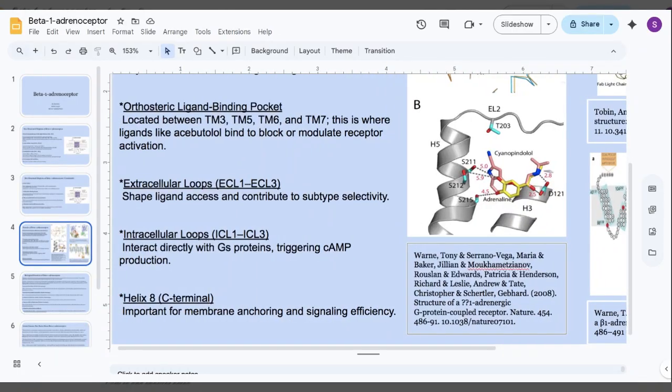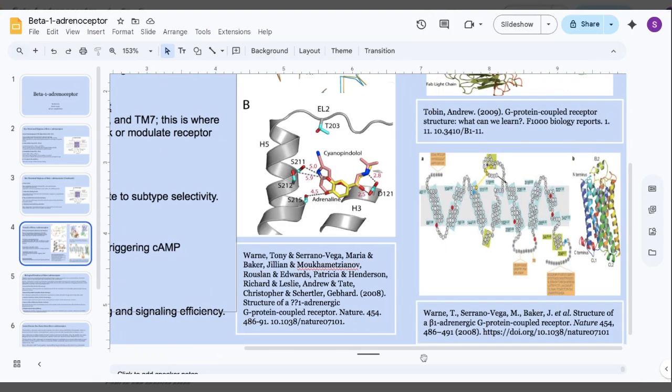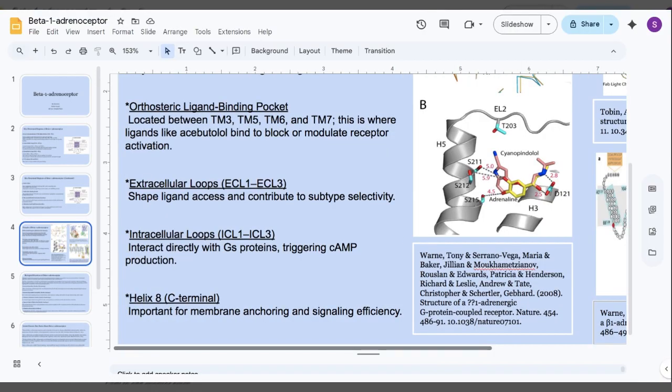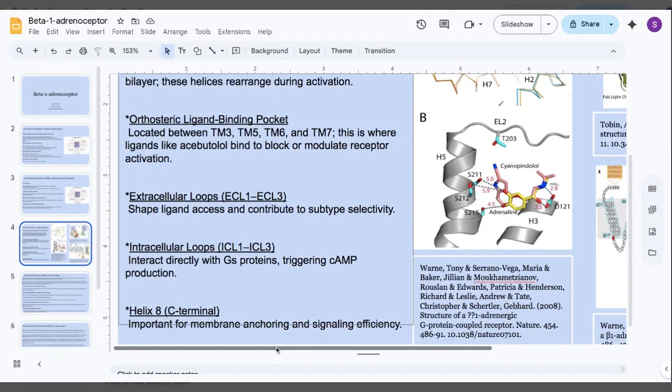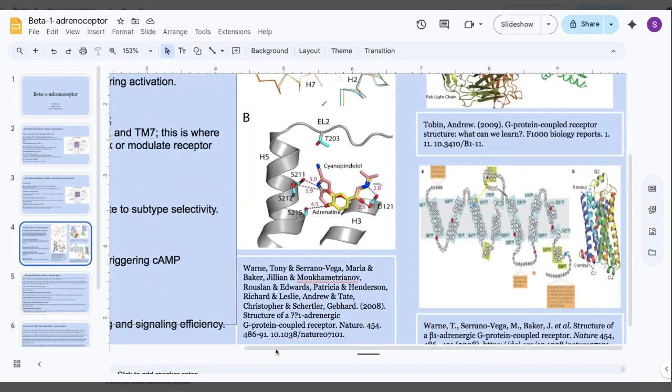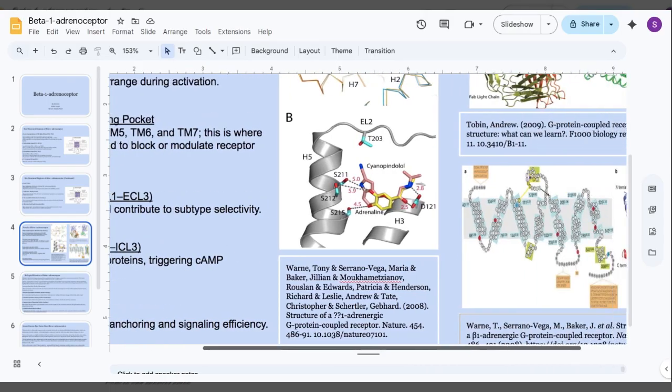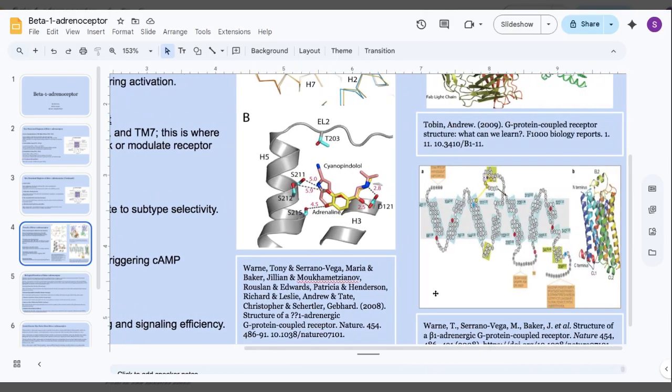We have the intracellular loop, which we can see near here, near that right side helix. They interact directly with the G proteins, triggering that cyclic AMP production. So the helix 8, the C-terminal, we can view here. It's important for the anchoring of the membrane and efficiency when dealing with signaling.